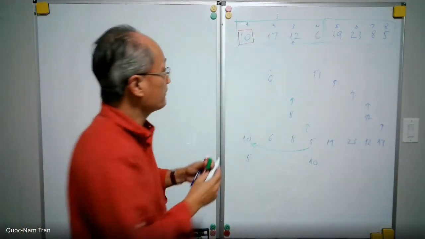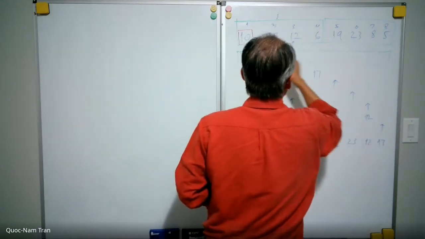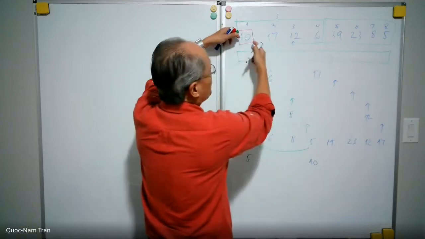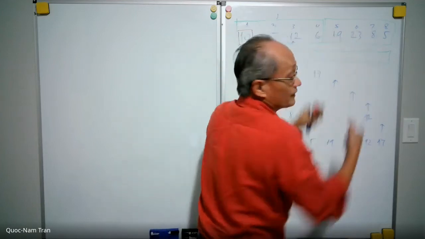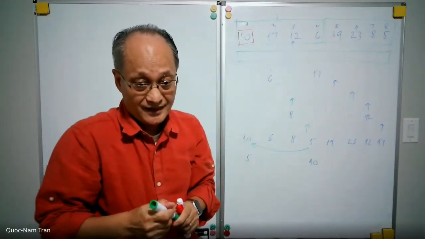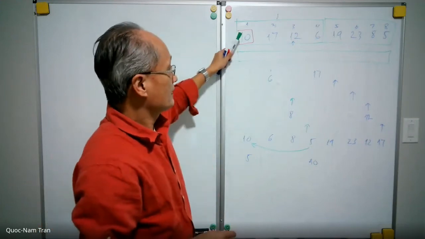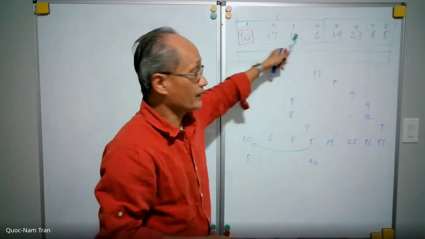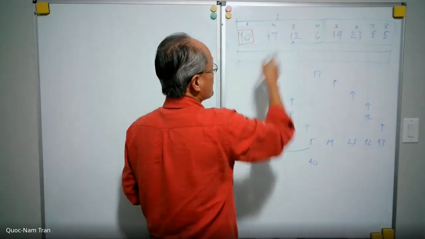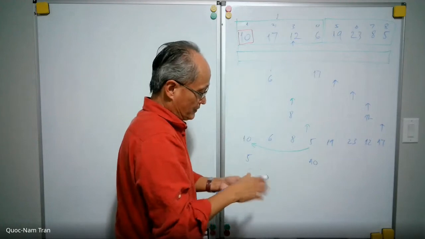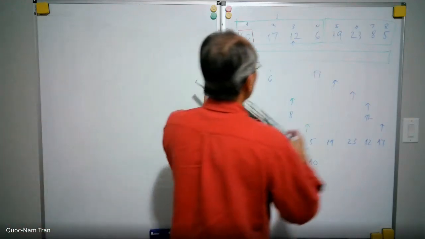So we need to have a different array with the same number of elements, and then we try to merge them into this array. After, let's say, we sort this array, we have 6, 10, 12, 17 for the left.